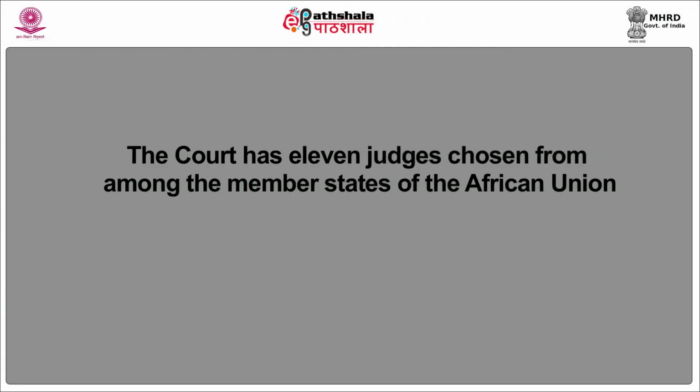It was established through the Protocol to the African Charter on Human and People's Rights 2004. The court has 11 judges chosen from among the member states of the African Union. The judges are first nominated by their respective states and then elected for a 4 or 6-year renewable term in their individual capacities.